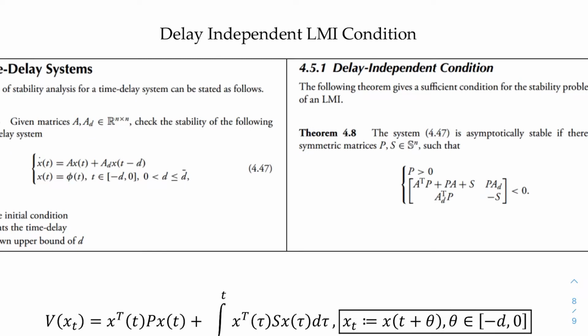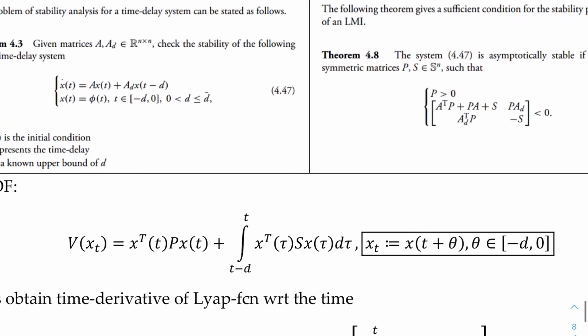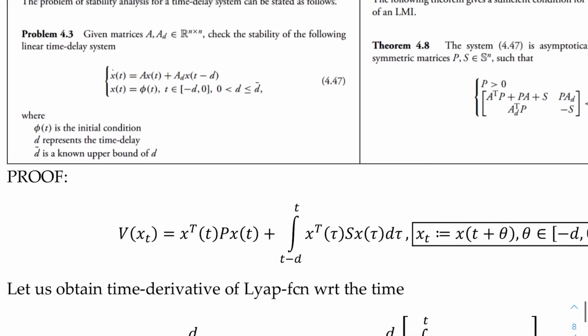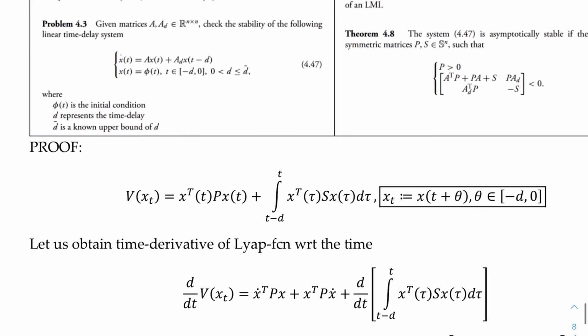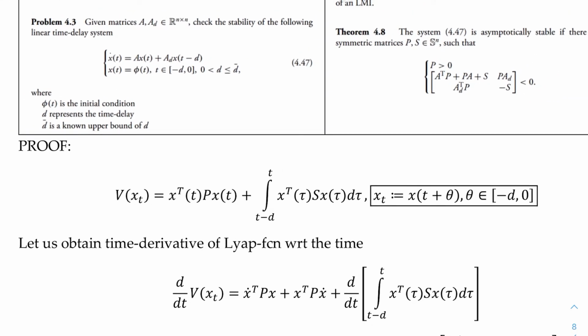Okay, and now let's focus on why that theorem 4.8 is the correct LMI condition. First, as always, we need to determine a Lyapunov function. Okay, and this is the usual Lyapunov function that we would use, right, to prove LTI stability.